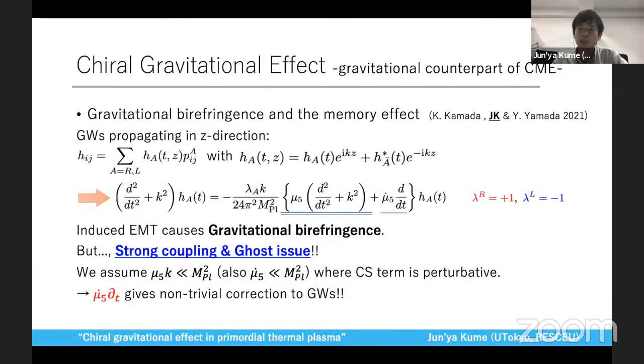In our point of view, we do not want to consider such a dangerous regime. That's why we restrict ourselves to where this term can be treated as a perturbative correction.